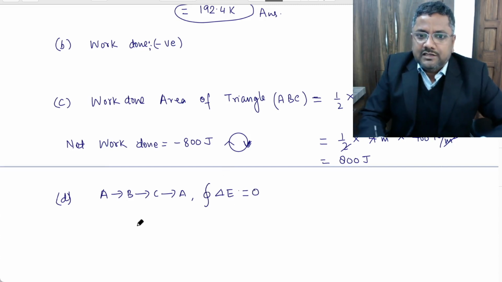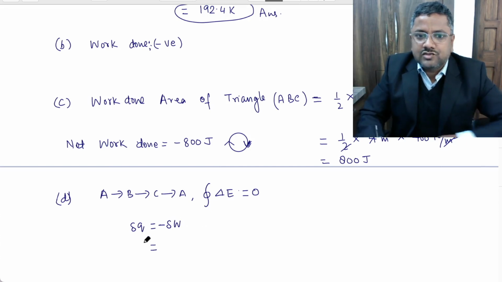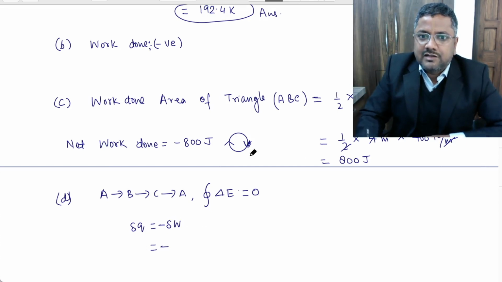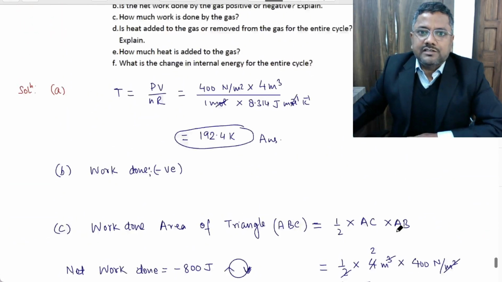So if delta E is equal to 0, then you can write delta Q is equal to minus of delta W, and this minus is by rearranging the variables from left to right. So this negative, and we have calculated minus 800, so this is equal to 800 joules, and this value is positive. So the answer is heat is added to the system, right?